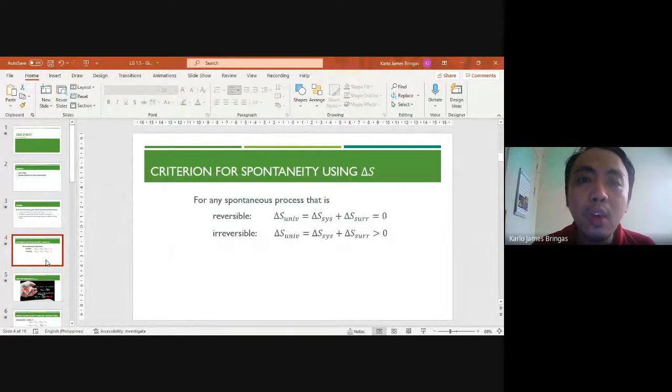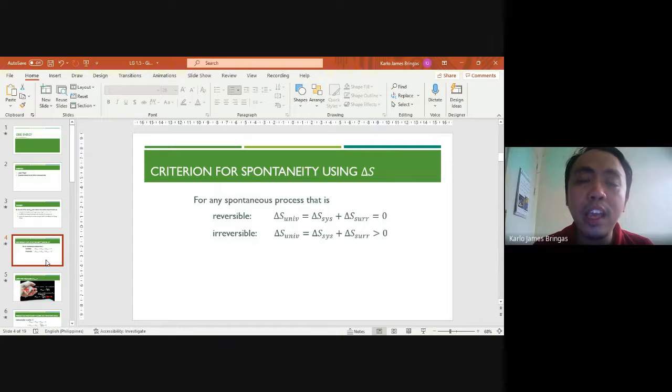Last meeting, we were able to cover entropy, and that led us to our discussion on the second law of thermodynamics. We have learned that for all real spontaneous processes, the entropy of the universe will always increase.